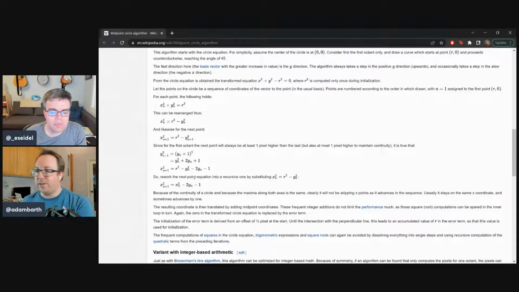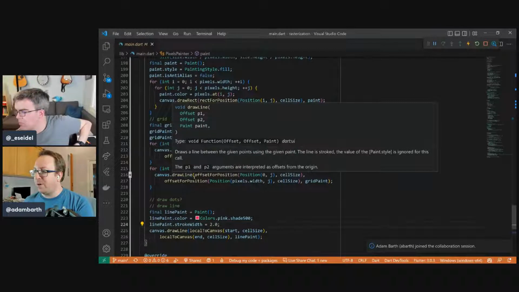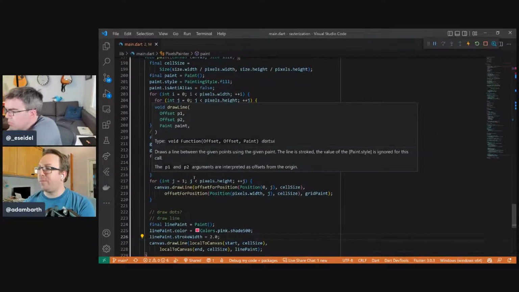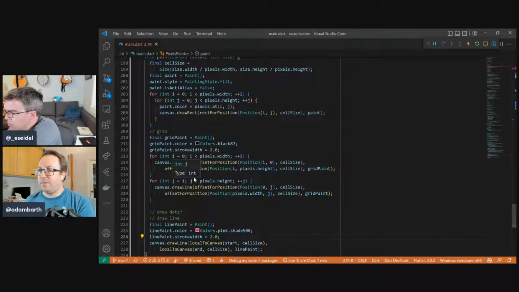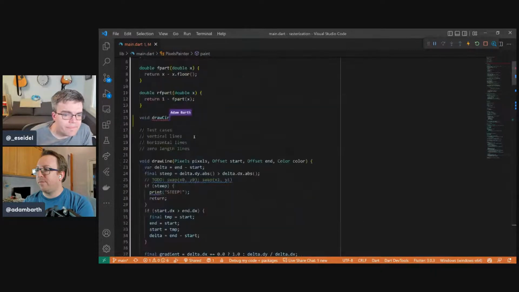So I can start, let's see, if you go back to VS Code, we can start typing this in somewhere. We have our draw line function. Why don't we add our draw circle, if you want to scroll up to line 15.